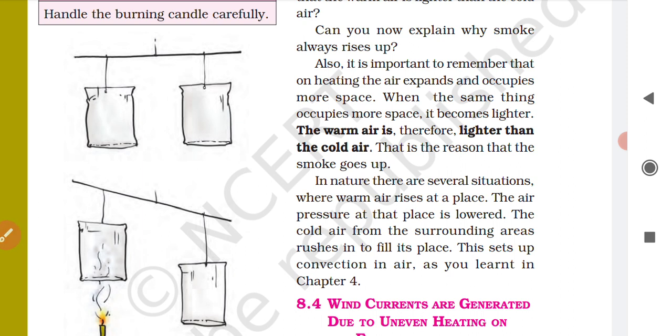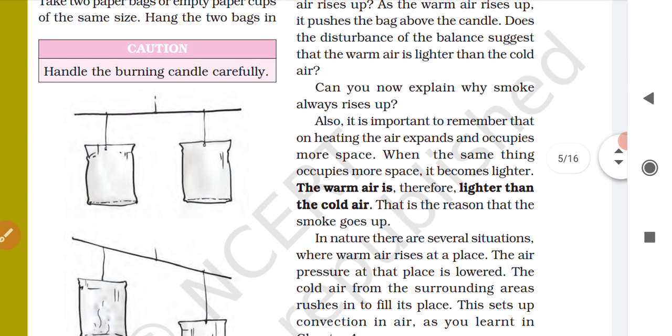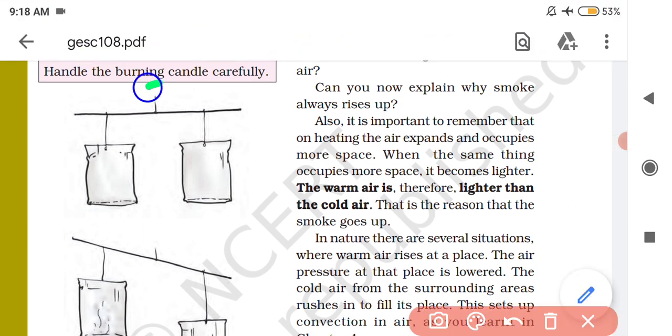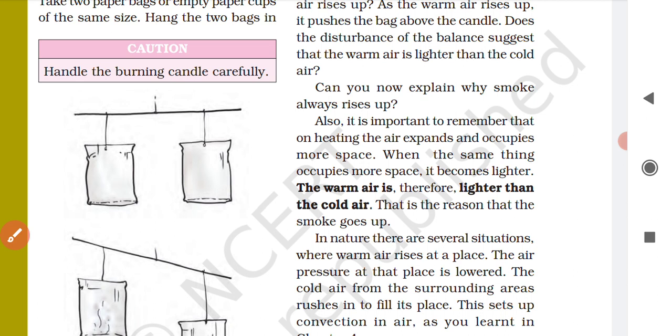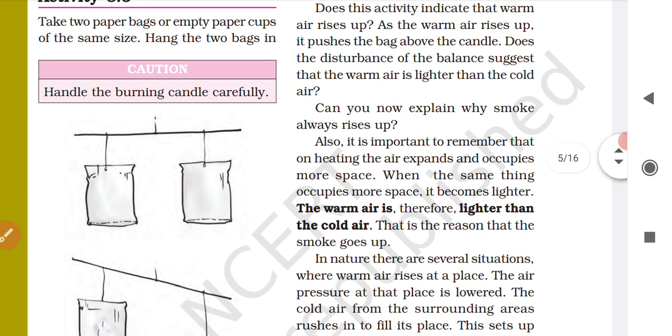Yes. And then you can use a piece of thread in the middle of the stick, so as to tie it. You have to tie it with the help of thread in this wooden stick. So this wooden stick with the 2 paper bags tied to its 2 ends will hang like a common beam balance, and it is horizontal.